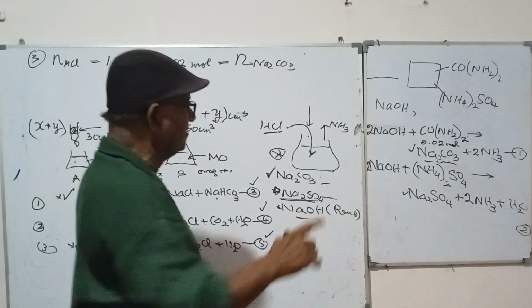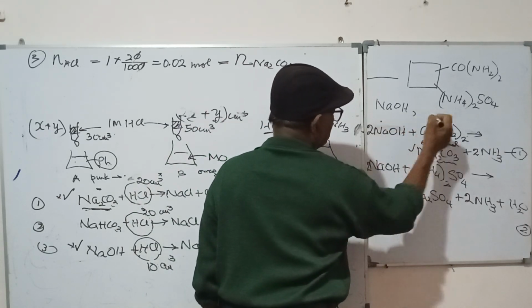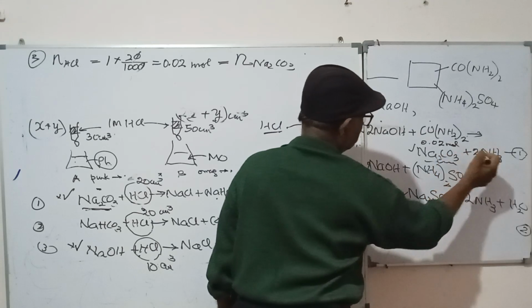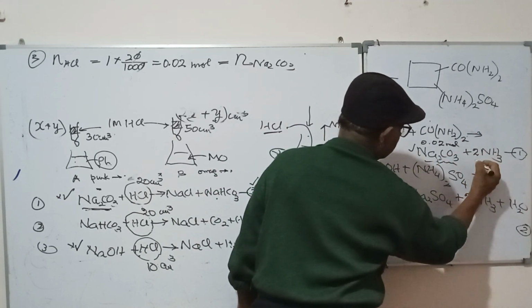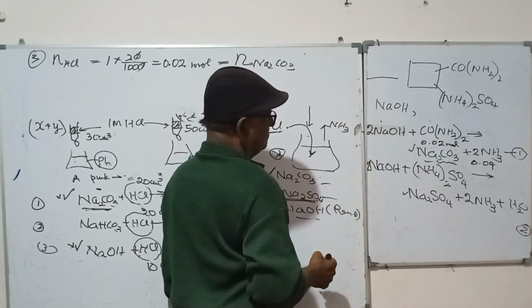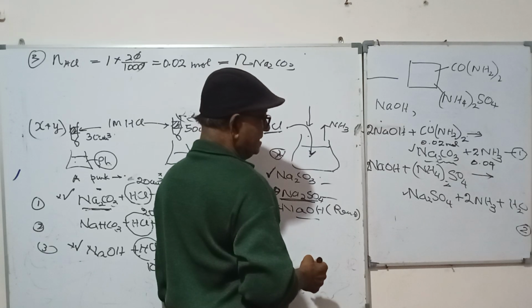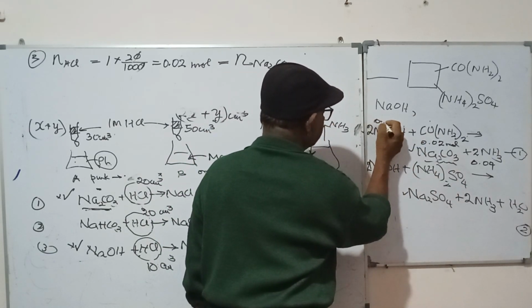According to the stoichiometry of this reaction, 1:2, ammonia should be given 0.04. Right? Sodium carbonate also 0.04.